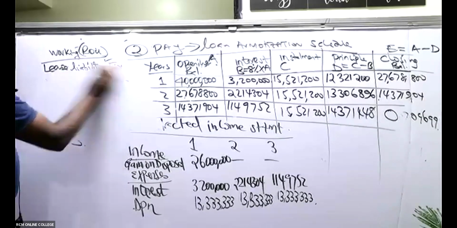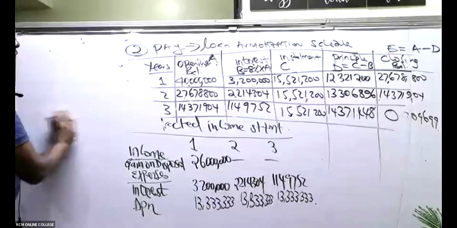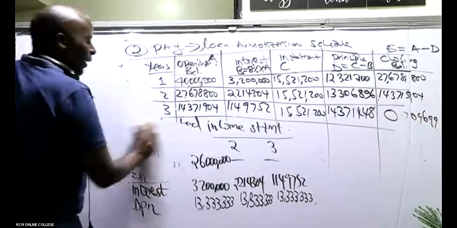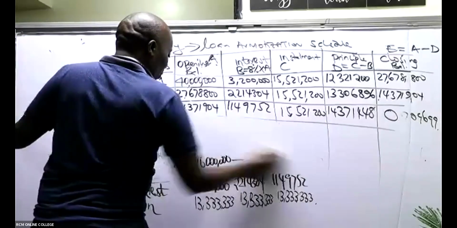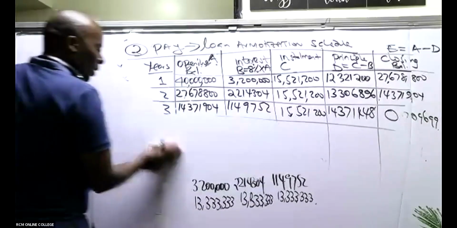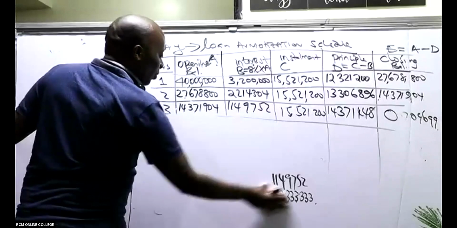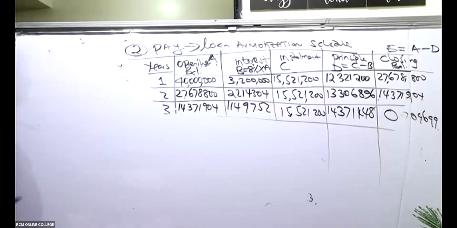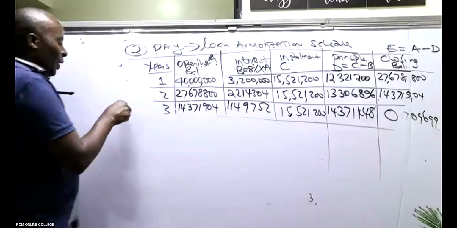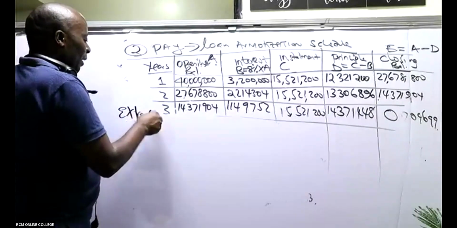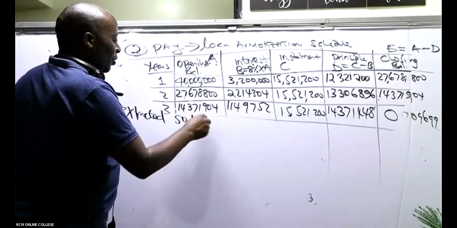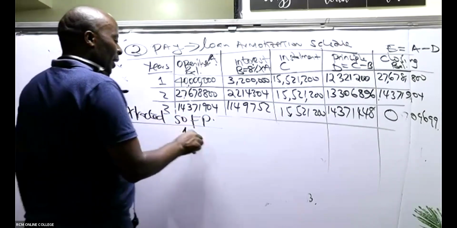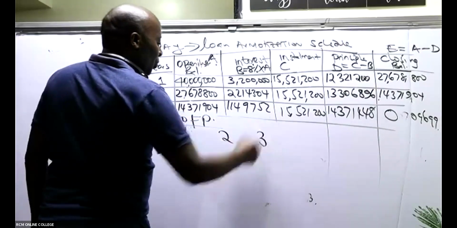All right, so the last one, number 4, now you'll be able to give us an extracted statement of financial position. Remember, we have our years 1, 2, 3.